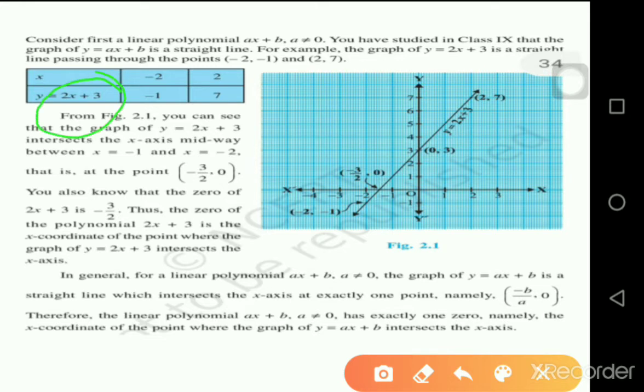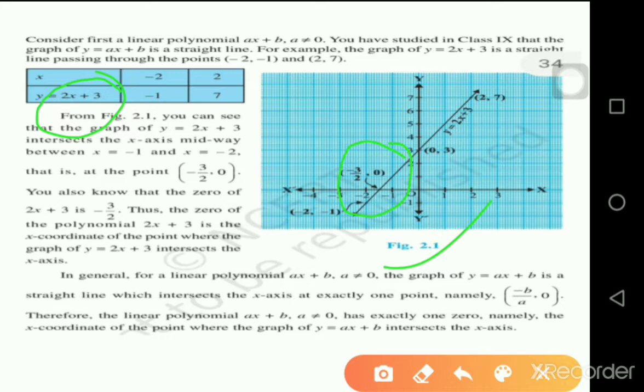We have a polynomial 2x plus 3 here. If we look at this graph, then for the value of x minus 3 by 2, we have the value of the polynomial 0.